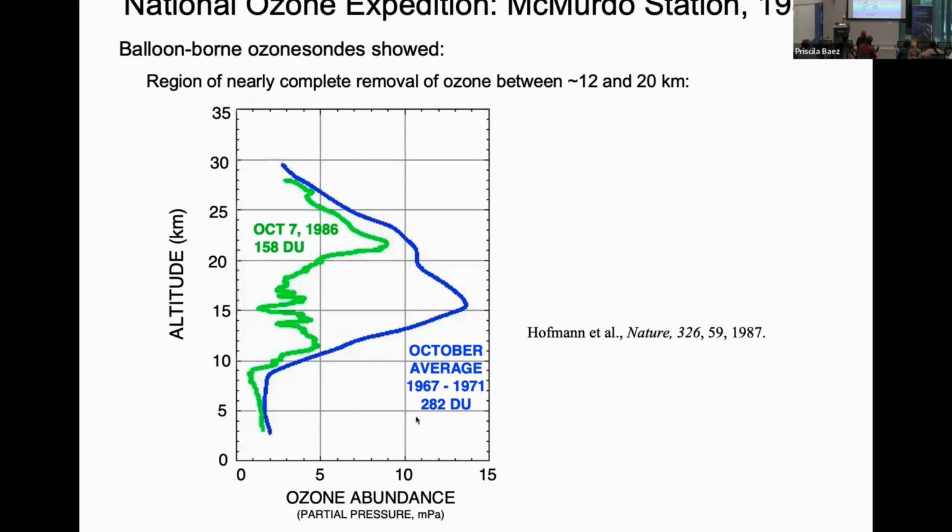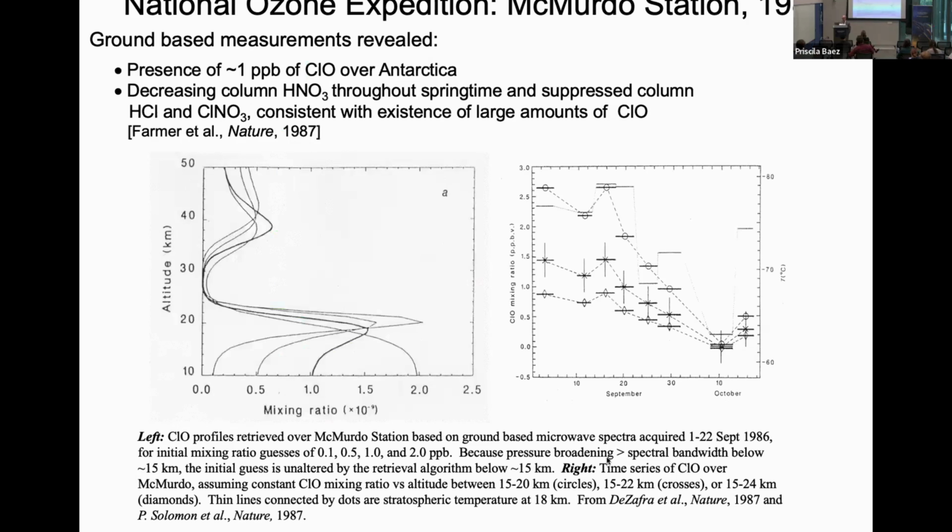So a reduction of 130 Dobson units, a huge bite out of the ozone. Remember, every 1% drop in ozone, we get 2% increase in UV. So we're getting a massive amount of UV light hitting the surface of Antarctica, and there's things that live on the surface of Antarctica. And we know from observations like this that chlorine is responsible.